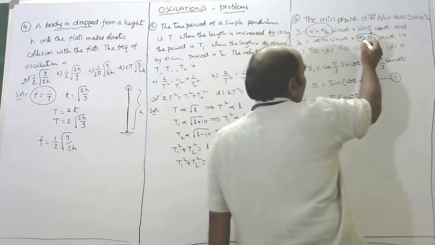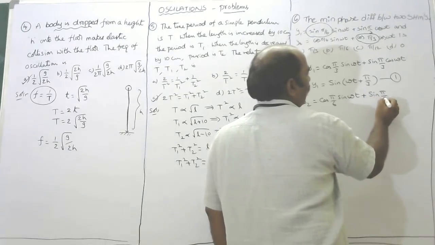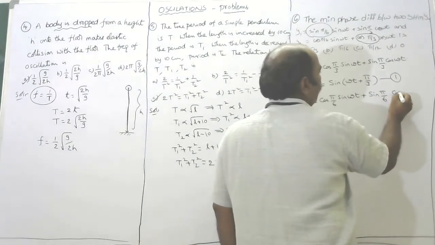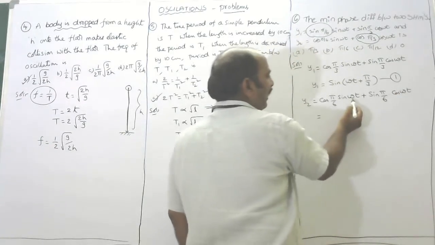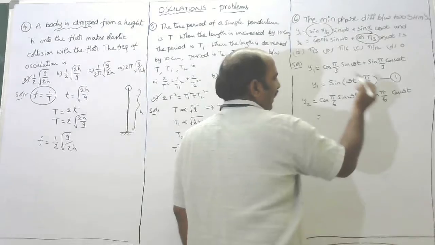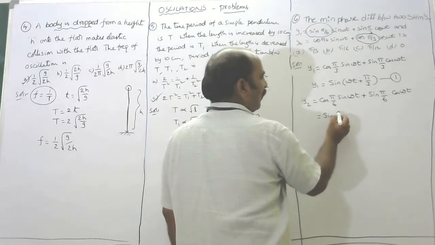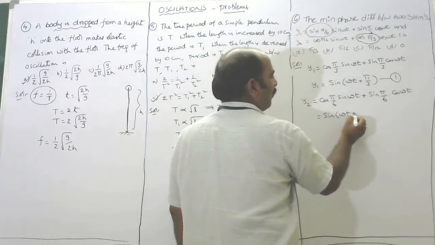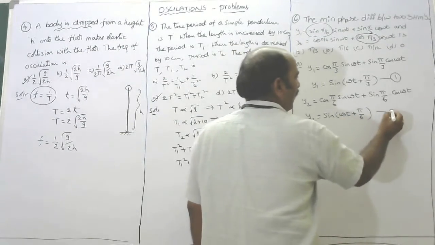That's why cos pi by 3 is nothing but sin pi by 6 into cos omega t. Now it is also in the form of sin A cos B plus cos A sin B. So it is also written sin of omega t plus pi by 6 here. This is y2, say second equation.